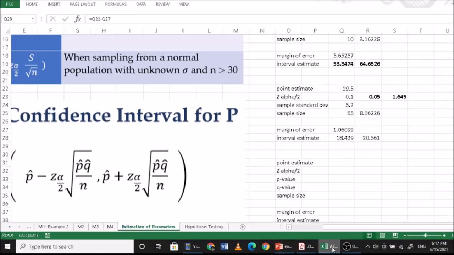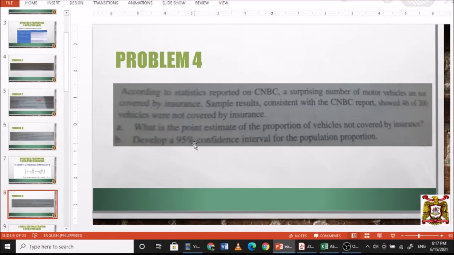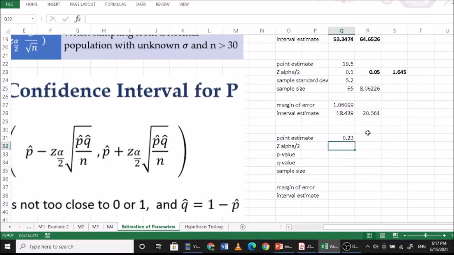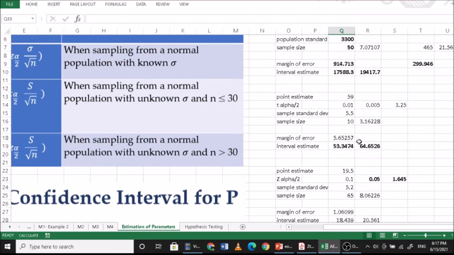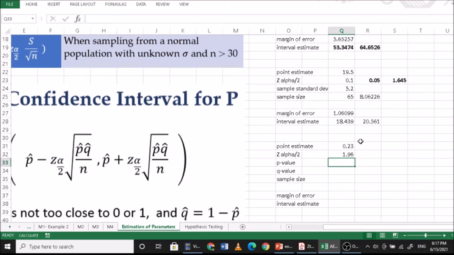Okay. So for the estimate, since this is a population proportion, the value here is equal to 46 divided by 200, as shown in the problem. And since the problem uses a 95% confidence interval, z alpha over 2 is 1.96, as identified earlier.